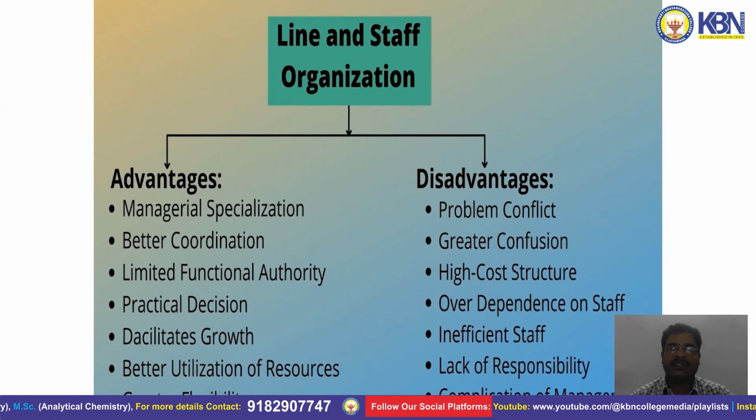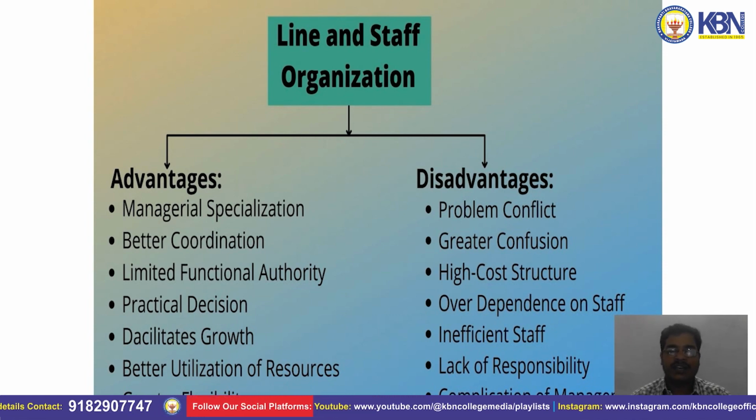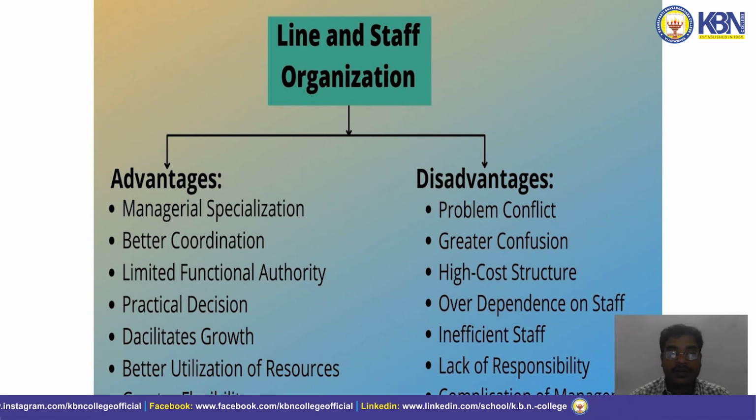Coming to the advantages and disadvantages of line and staff organization, the advantages are managerial specialization and better coordination. Yes, we can expect better coordination between line and staff managers, limited functional authorities, and moreover practical decisions are possible. It also facilitates growth, and it helps managers make proper use of the available resources.